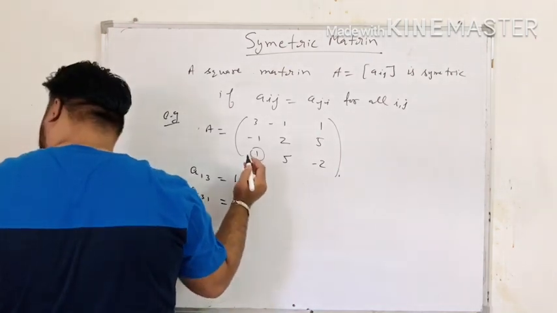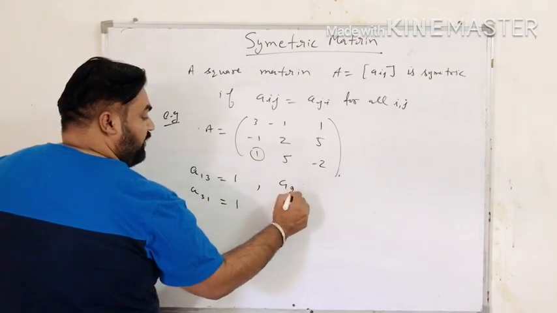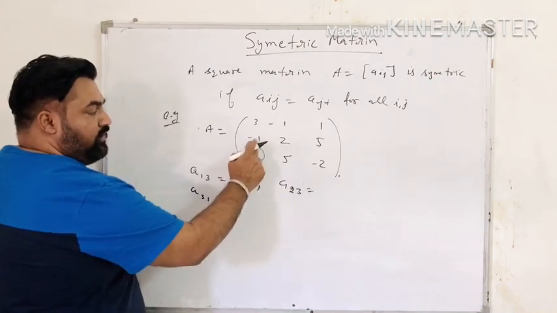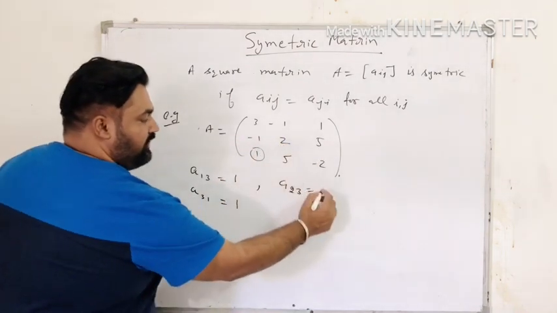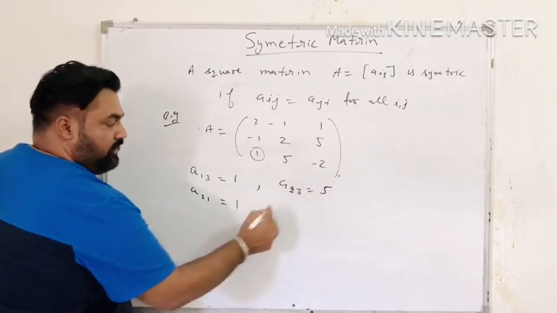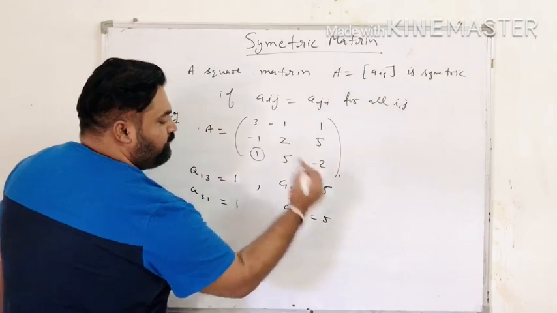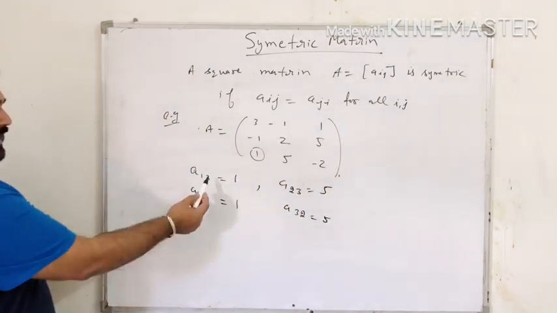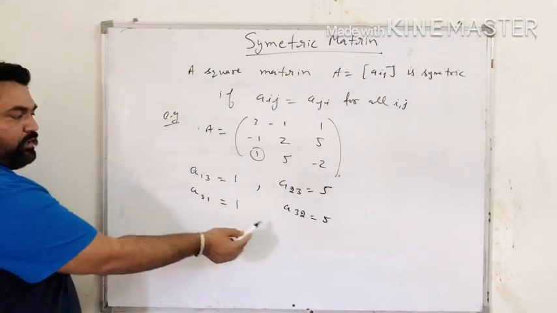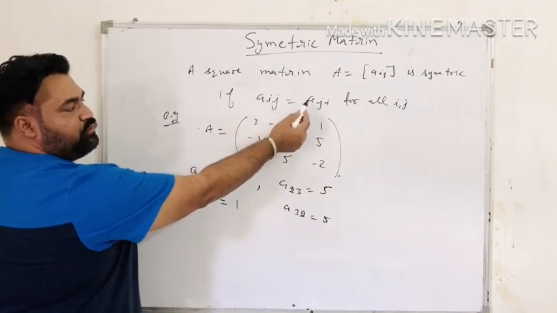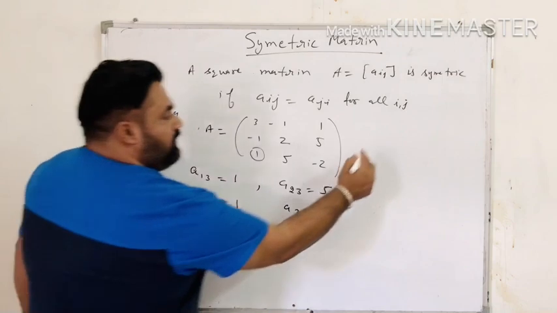Similarly, A23 means A21, A22, A23, which is 5, and A32 is also 5. So A13 and A31 equal 1, A23 and A32 equal 5. So Aij equals Aji.